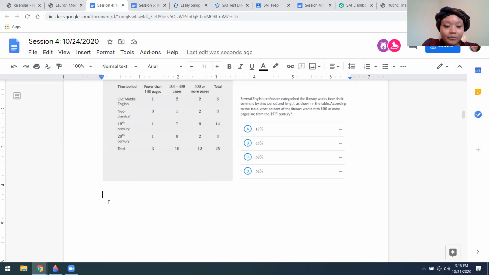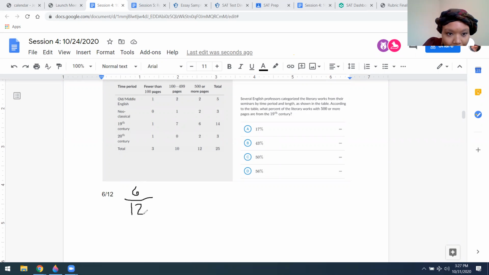So out of a total of 12, 6 are from the 19th century. My writing in this is atrocious, but I'll try it. So 6 over 12.